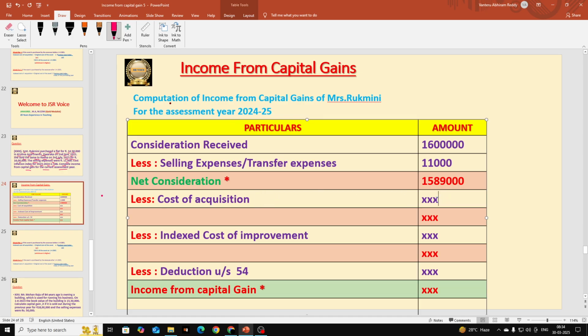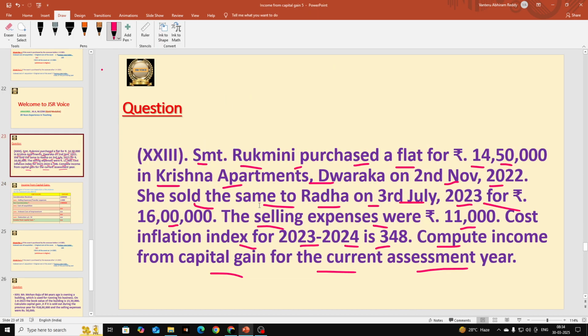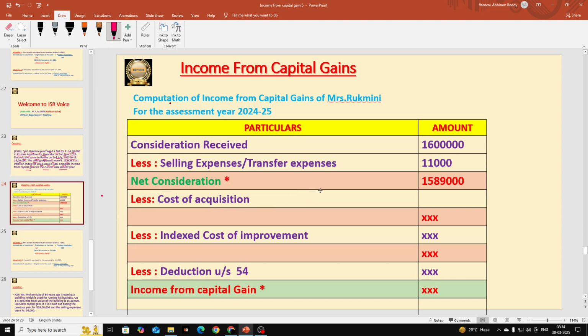Cost of acquisition means the purchasing price of the asset, the original cost of the asset, which is 14,50,000. Students, in the examination they may ask what is indexed cost of acquisition and what is cost of acquisition. You should be able to write the definitions.